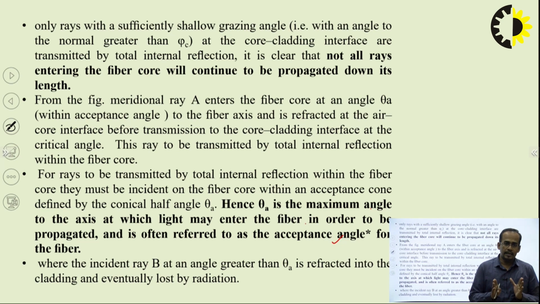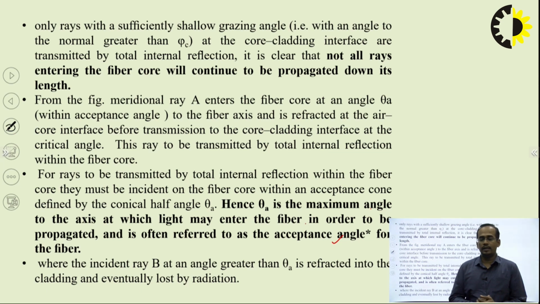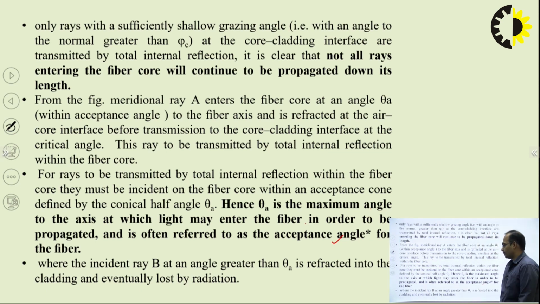If the incident ray is beyond the acceptance angle, the maximum angle, then as I have already told you, there will be some loss of information. The incident ray at an angle greater than theta a is refracted into the cladding, and eventually it will lose the radiation. So there will be some security issue.